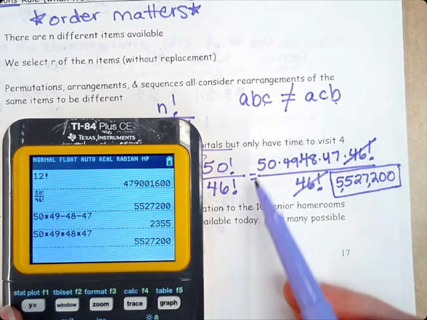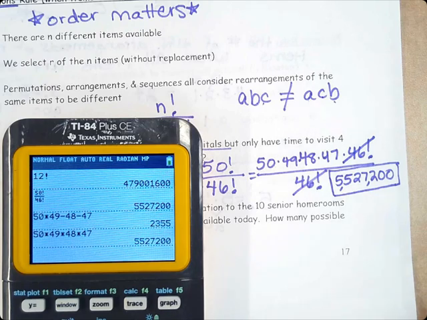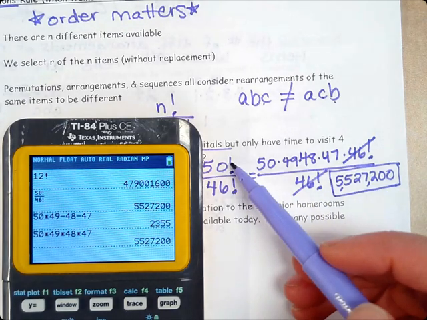So I just wanted you to see how factorials can simplify, and you can make this simpler to put in the calculator, especially if you don't have that factorial.